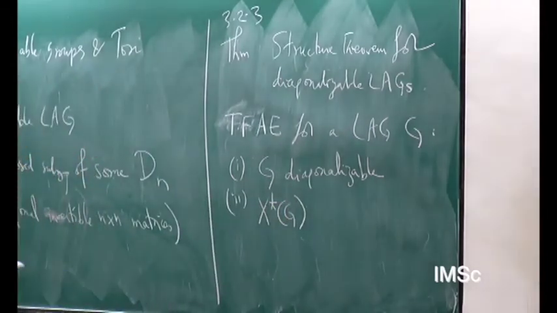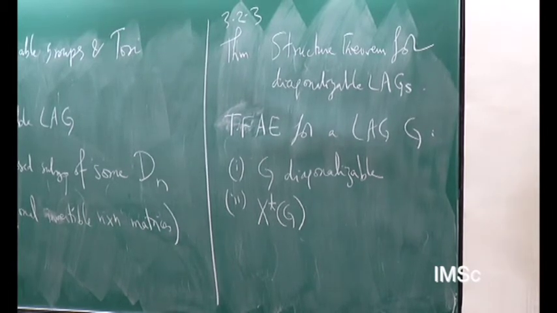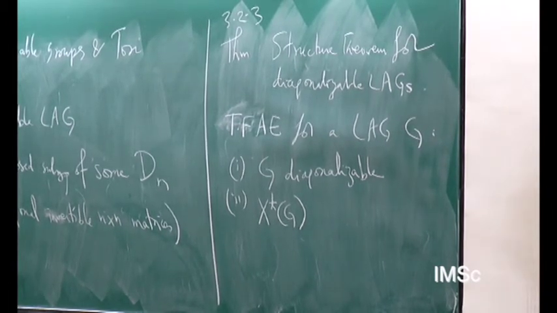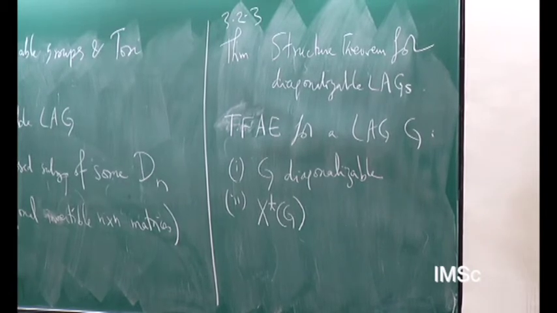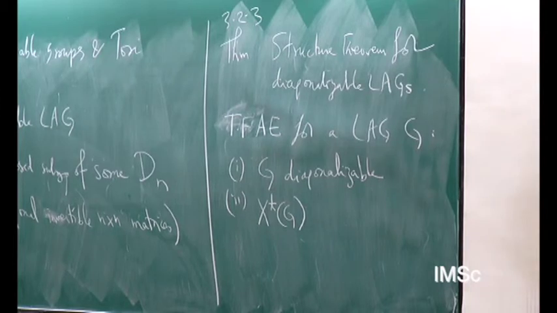So you look at the abelian group of characters, right? So far we have seen that this is a group. It is in fact an abelian group because it is just homomorphisms into Gm, and we write it additively.